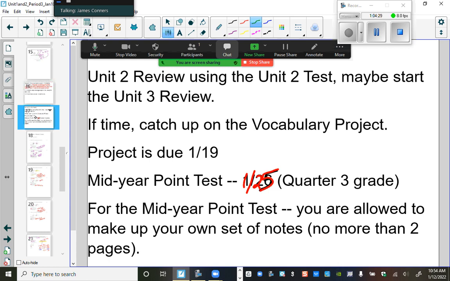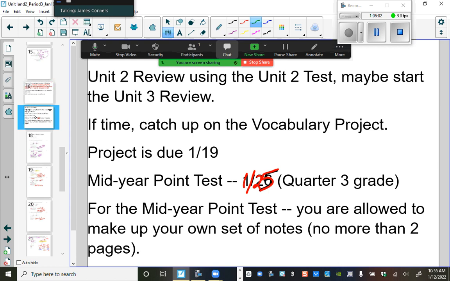If you're 100% complete with your project and you don't have any questions, if you want to start looking at the Unit 3 stuff on your own, which some of you might still have from earlier this quarter, you can do that. I have extra copies of the Unit 3 review if you need it. You need one? Okay.